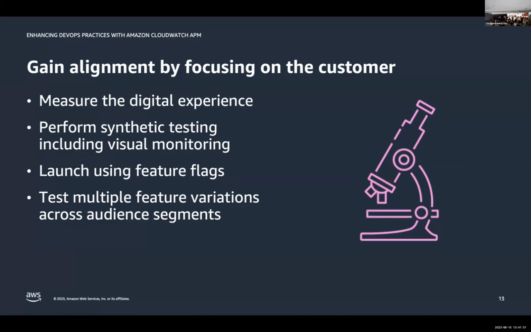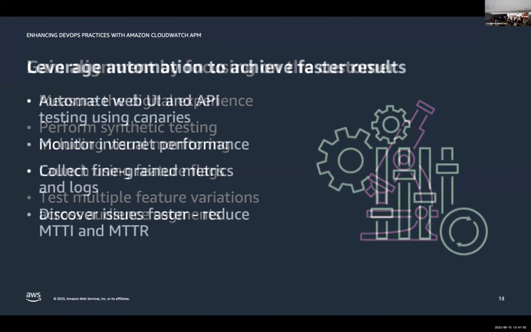So you might want to try a particular feature out and open it up to 10% of your audience, but then measure and make a decision on how you're going to move forward. There are tools within CloudWatch that will allow you to manage this, the feature flags and the launches, and run experiments where you can watch and see how users are working with your application.